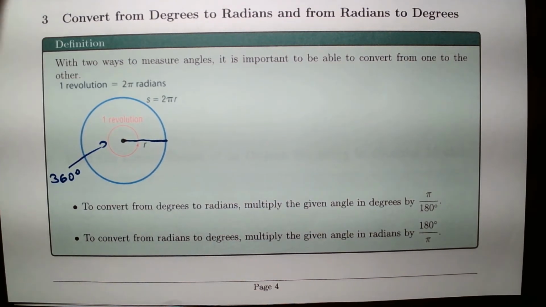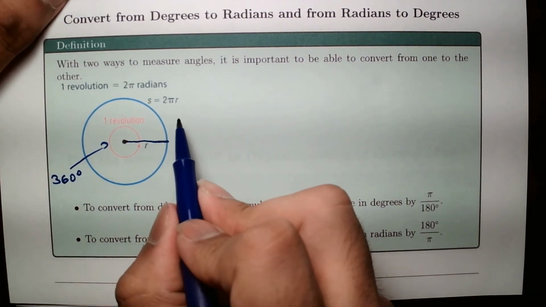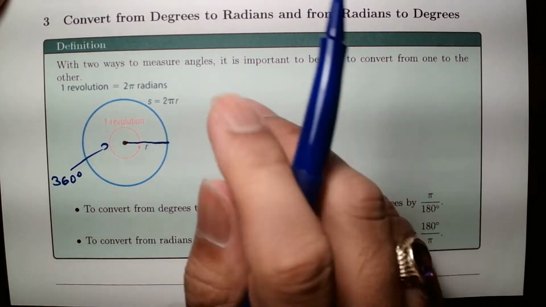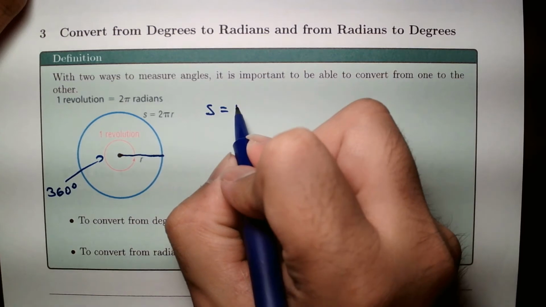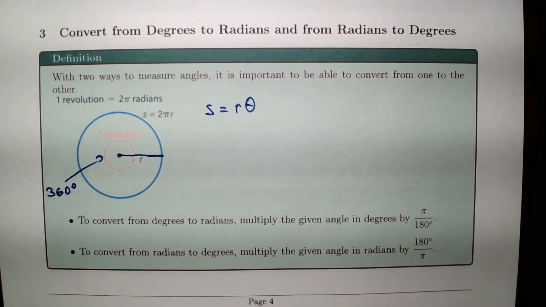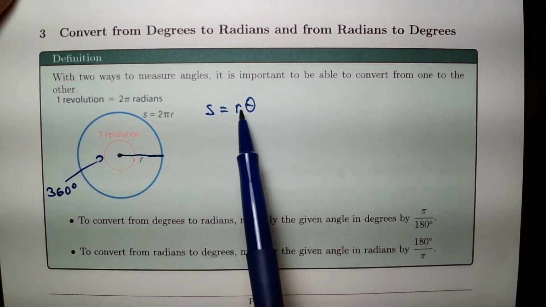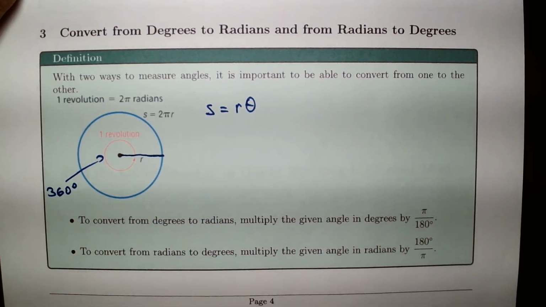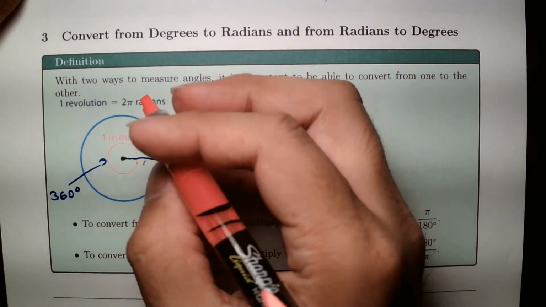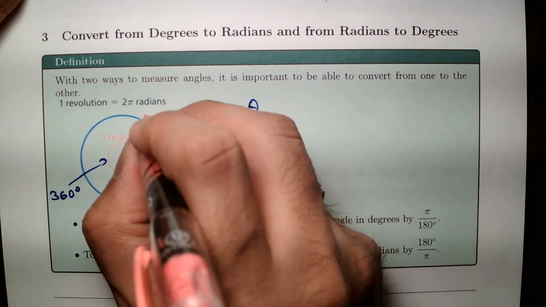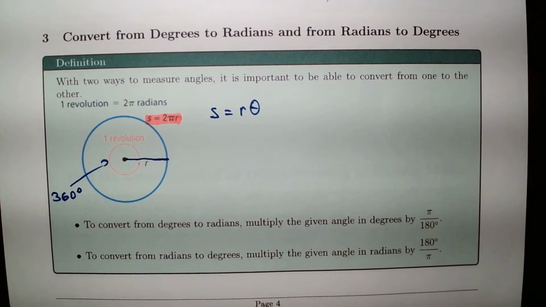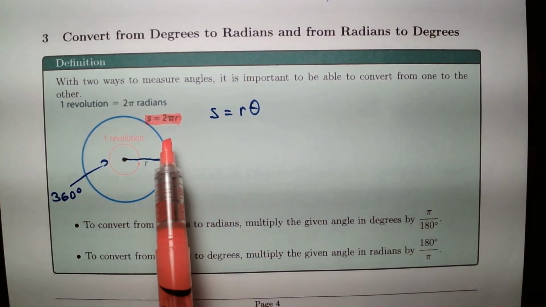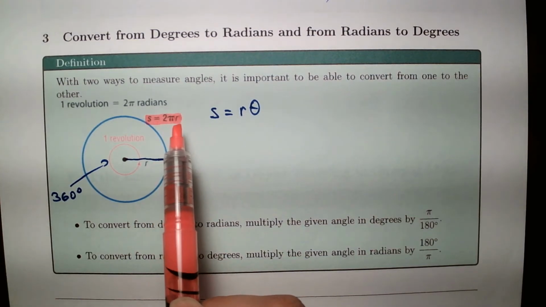So let's see, if we use the formula from before, the arc length formula, S equals r theta, we can combine this formula with the circumference formula to find the perimeter of a circle. That's also known as the circumference, and it's given by 2 pi times the radius.